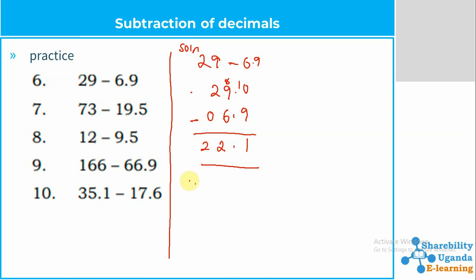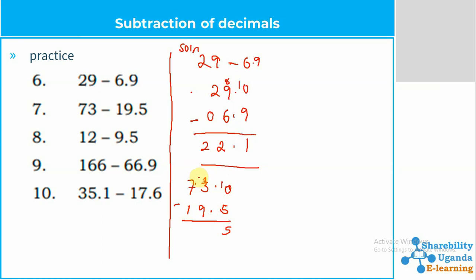When we come to our next number, which is 73, this should be 0.0 something. So this is also 19.5. So here should be 0. We subtract. We remain with the 2, borrow 1, this becomes 10. 10 minus 5, get 5.